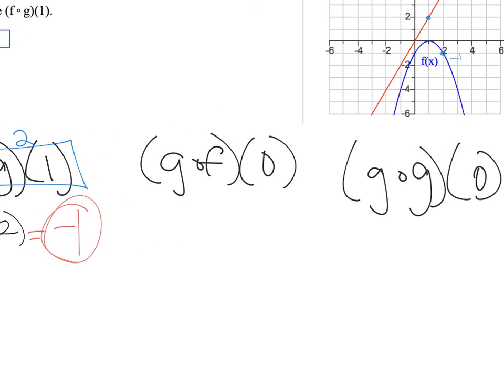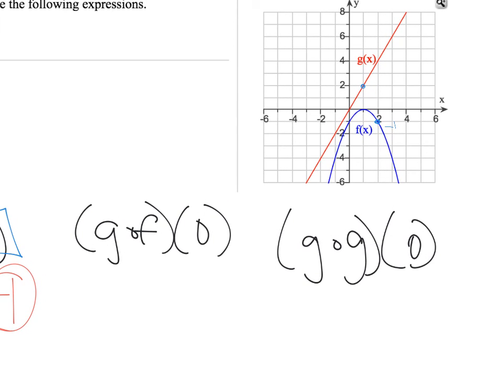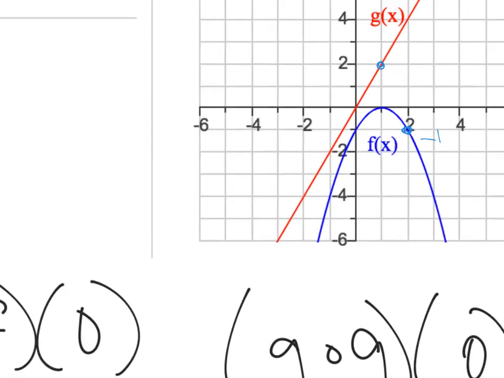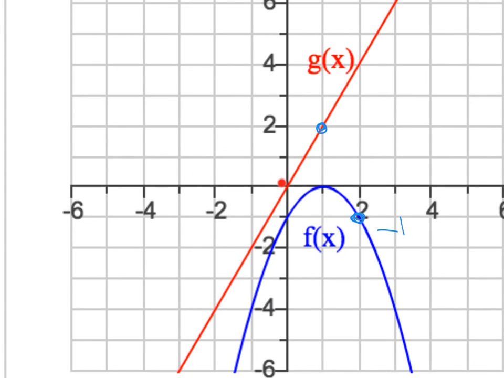Let's do this again. This says take 0, put it in f, get your answer, and put it in g. Let me arrange this so I can see everything. Take 0, which is at the origin, and put it in f.